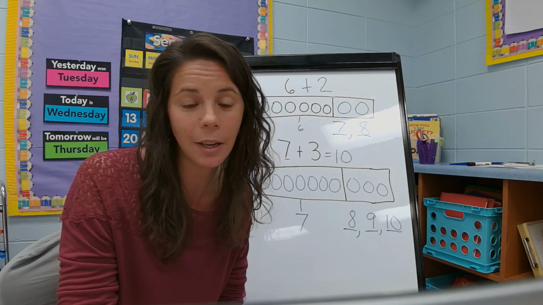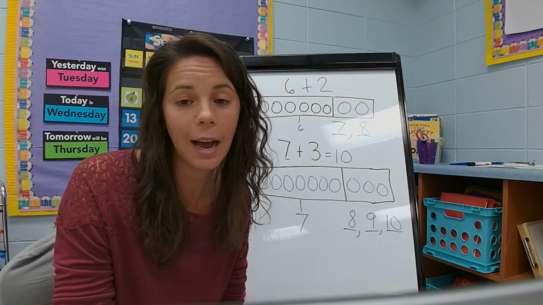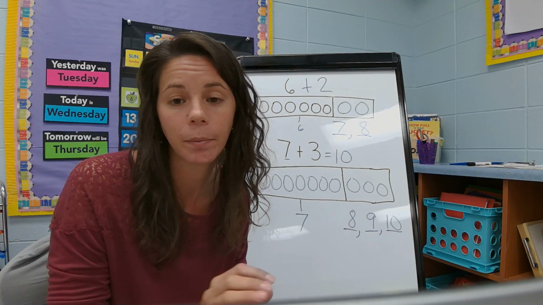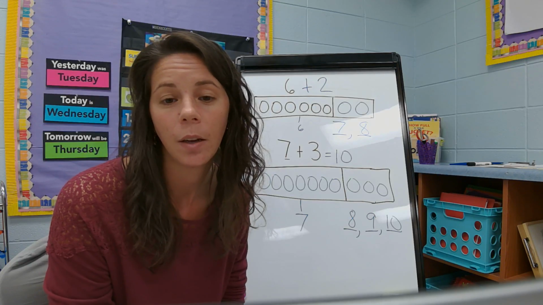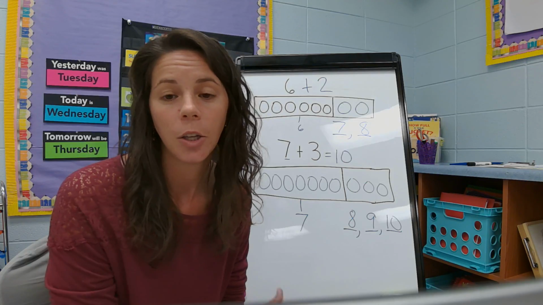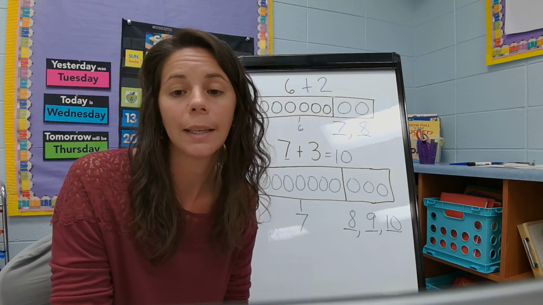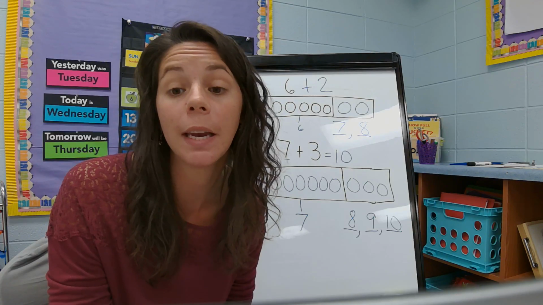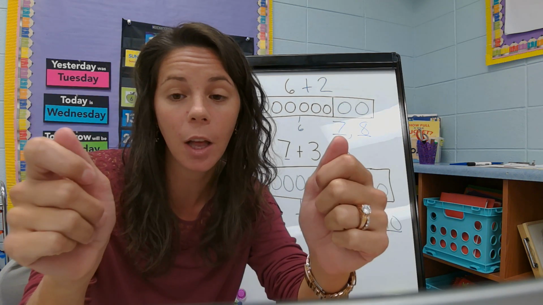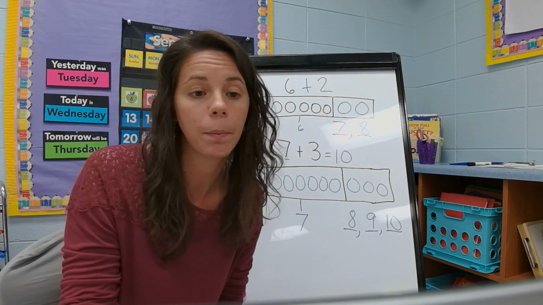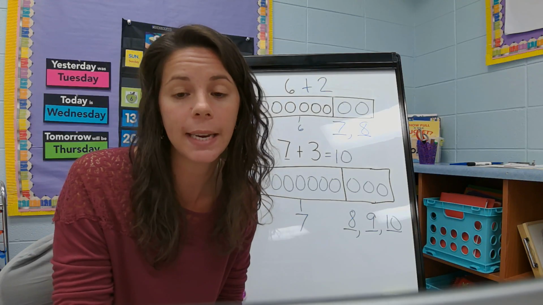Let's see, anybody else have theirs done? Clara, go ahead. I used my marker and my number. Show us your paper. Show the class. You used the number line? Awesome. Put it up really close to the camera so we can see. Okay, now go ahead and tell us what you did.